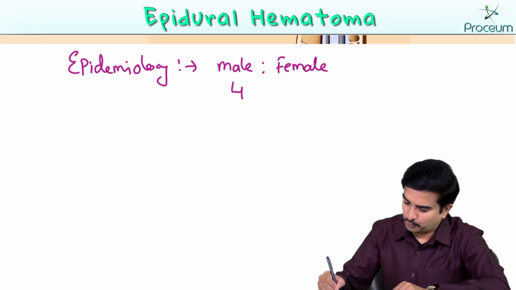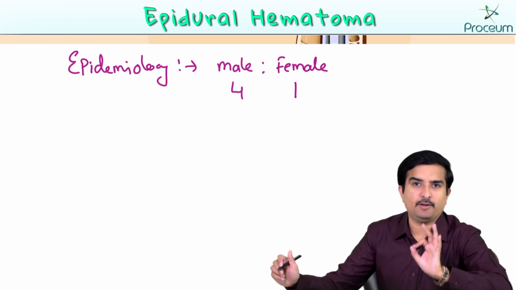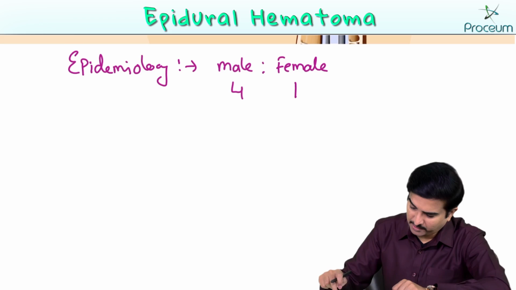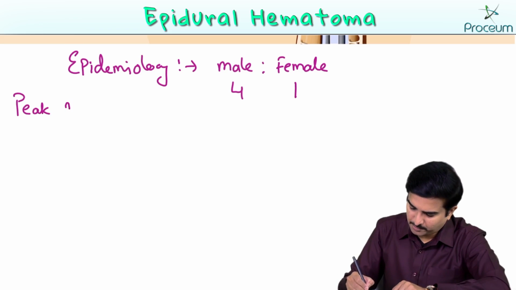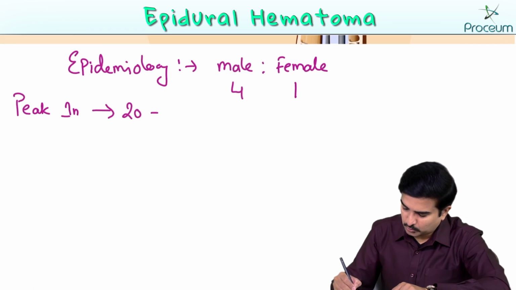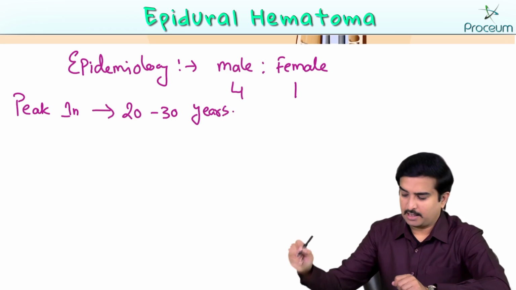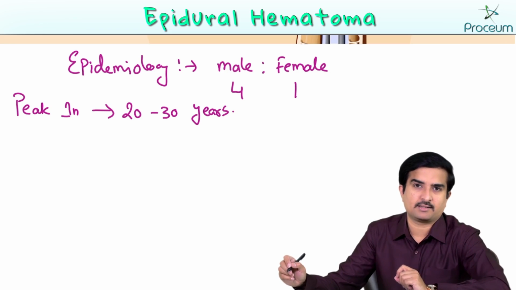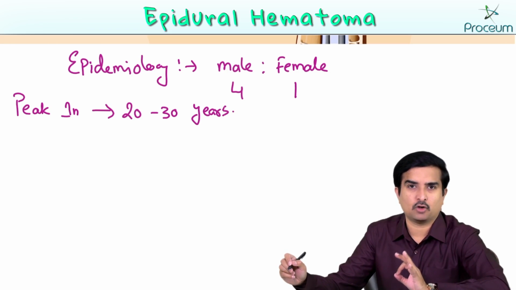What would be the peak incidence of this condition? The peak incidence is seen between 20 to 30 years of age. So the male-female ratio is 4:1 and the peak incidence is 20 to 30 years of age.